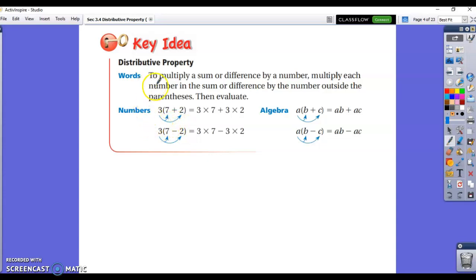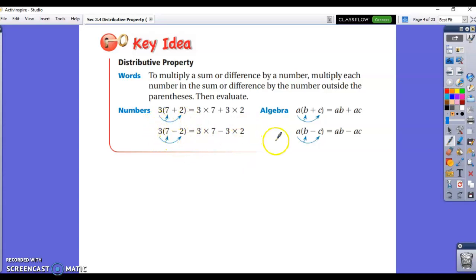So you can multiply each number in the sum or the difference by the number outside the parentheses, and then you can evaluate. And you can see how they do that here. We have 3 times 7 is represented here, plus 3 times 2, and then you can figure out the solution to that. And the same thing here, 3 times 7 minus 3 times 2.